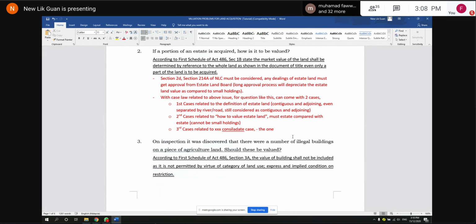Belting means you need to zone the entire strip: one zone with immediate potential, in front of the road, and then a deeper zone with remote potential.